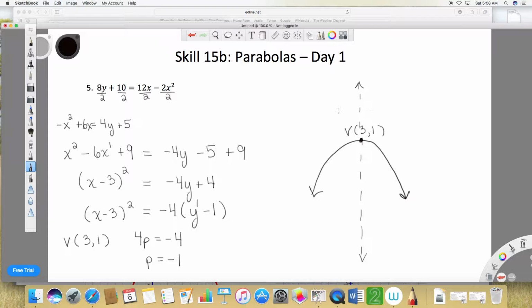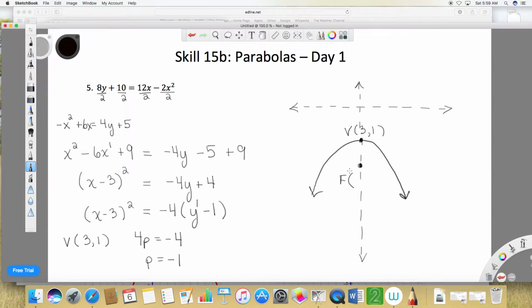There's another line that's perpendicular to this axis of symmetry that's called the directrix, and our parabola always opens away from the directrix. Your parabola will never intersect the directrix. Inside this parabola, I refer to it as the bowl of the parabola. I don't know if that's mathematically correct, but it describes it in my mind.